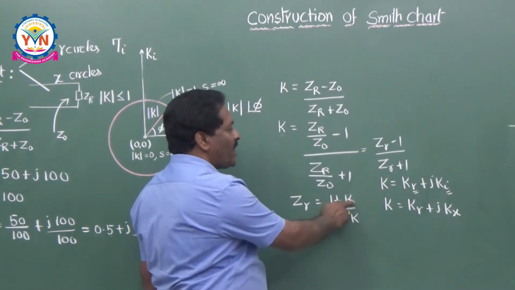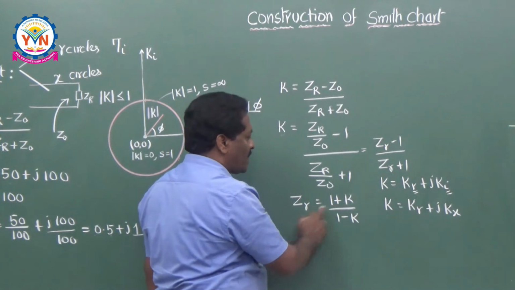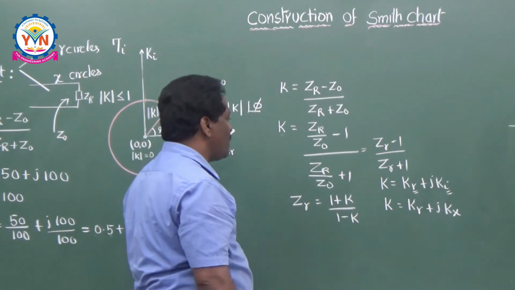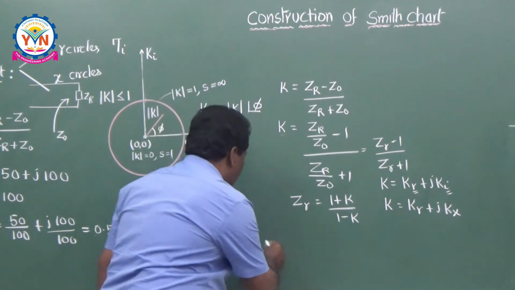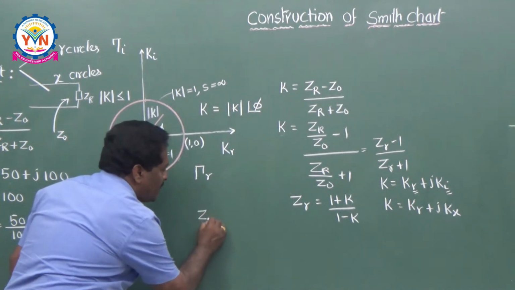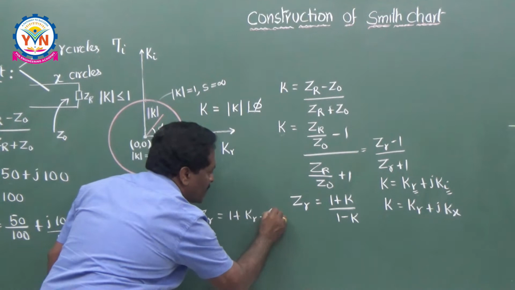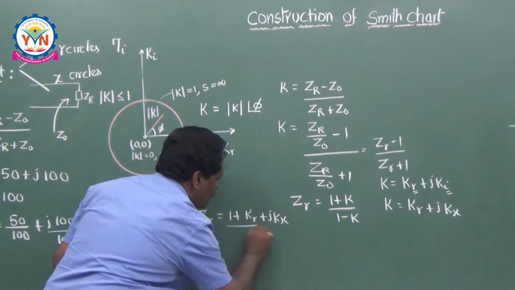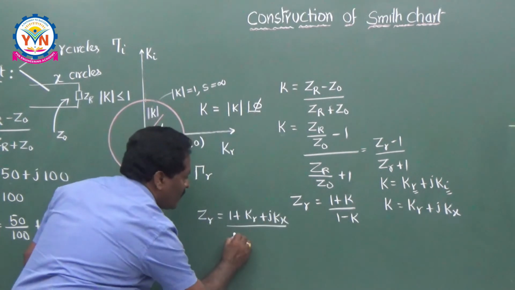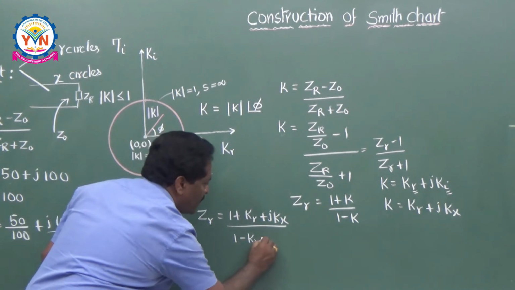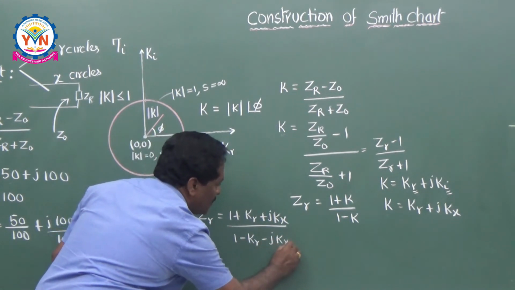So in the place of K, I can substitute here so that I can get some equation. So now z r is equal to 1 plus Kr plus j Kx divided by 1 minus Kr minus j Kx.